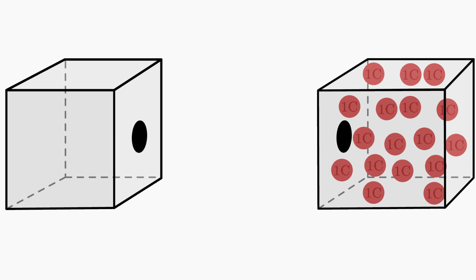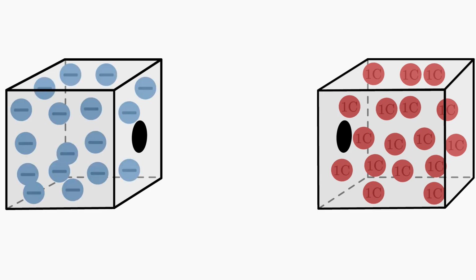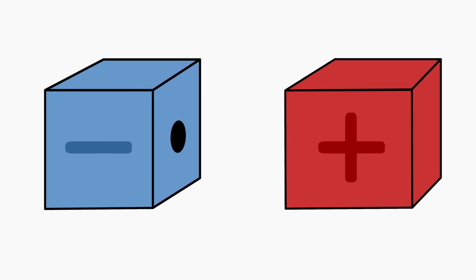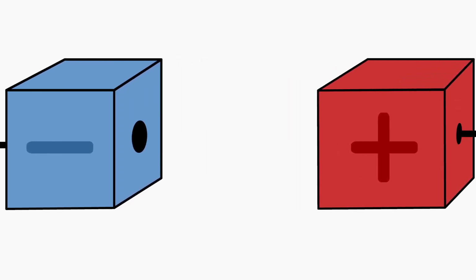In the other box we place many negative particles, each with a negative charge. The two boxes now form a large electric charge. We can also say that the negative box forms a negative pole and the positive box a positive pole. The two charged boxes will now of course attract each other. To prevent this, we fix the two boxes so that they cannot move towards each other.